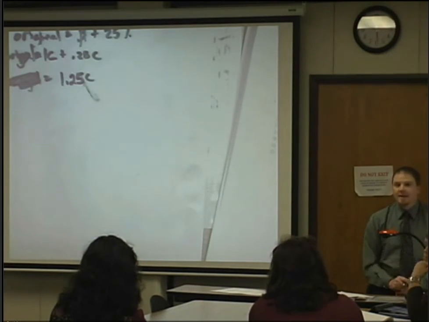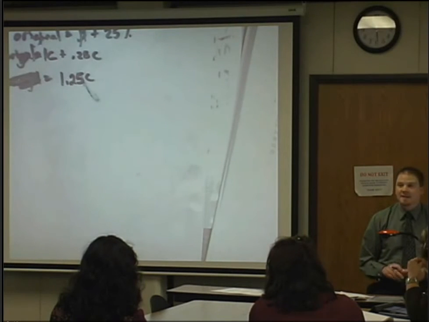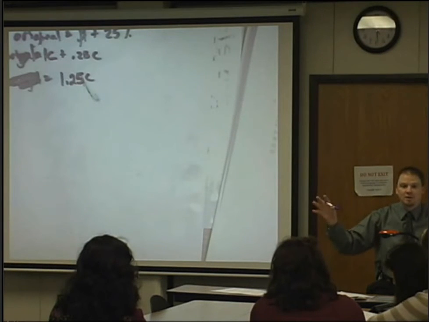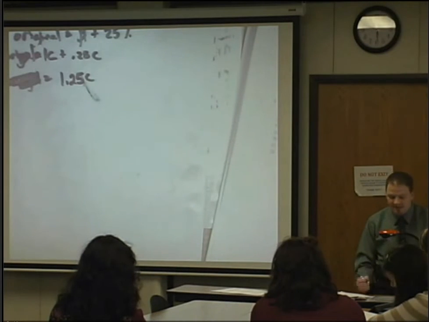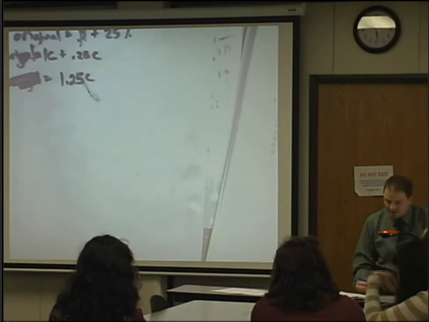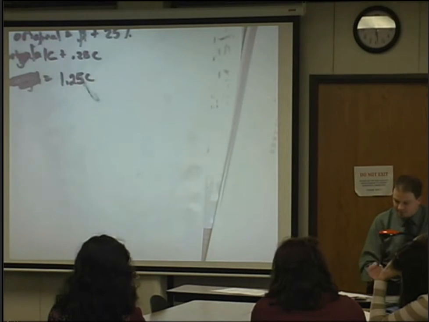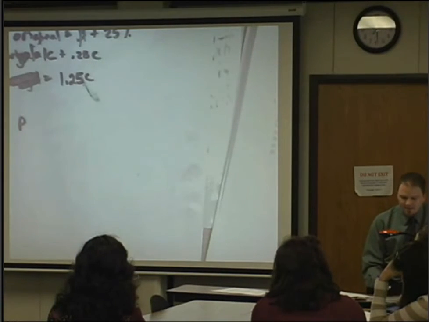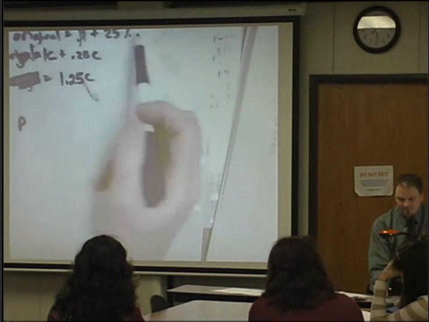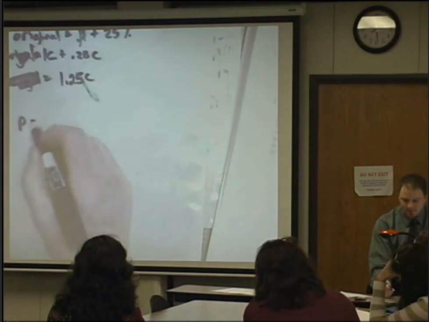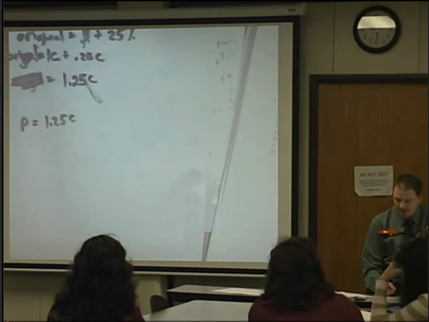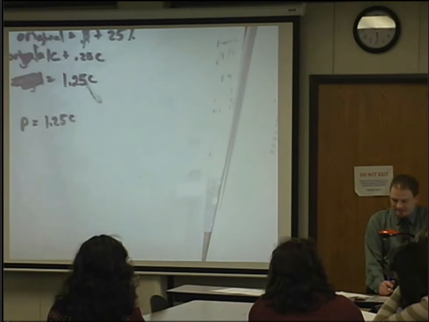Now, the dealer says, we are taking 25% off of this car. So we're going to give you a 25% discount. So your sale price, or what they're calling P, is going to be that original price, 1.25C. But then he's taking 25% off.